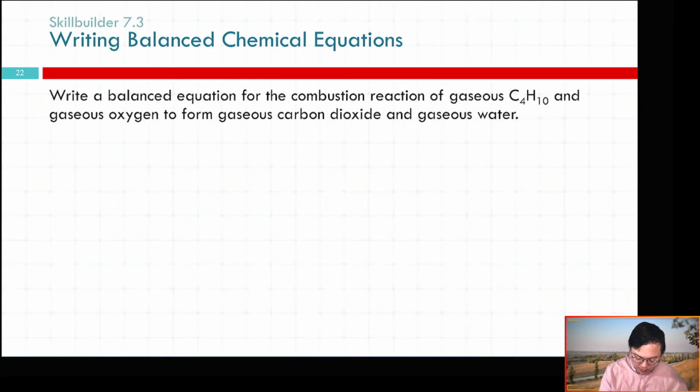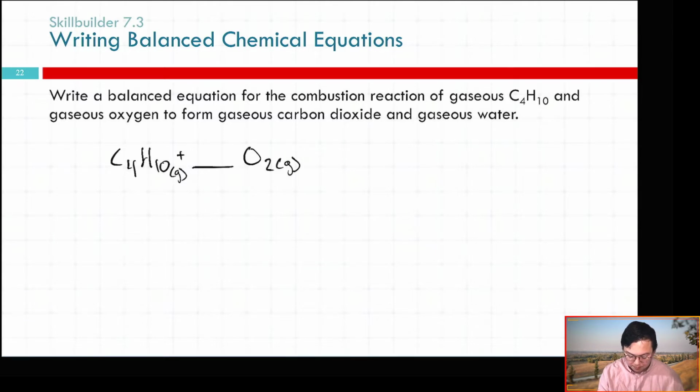So then we'll just start with C4H10 plus, leave a space for your coefficient. Gaseous oxygen, and this is where you need to remember your diatomic compounds, because gaseous oxygen is O2. Oh, I forgot to write G. I do want you to write that out and include that when you do these, maybe not the homeworks.